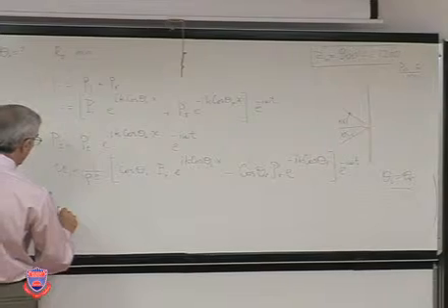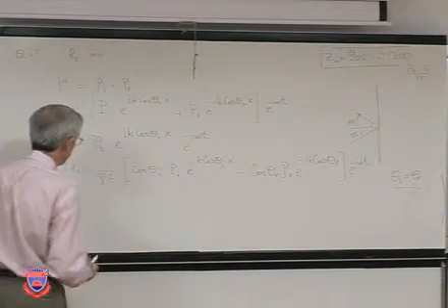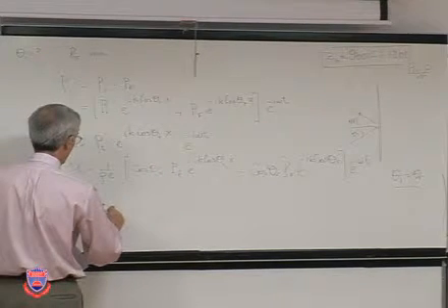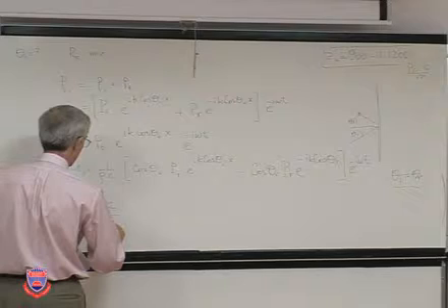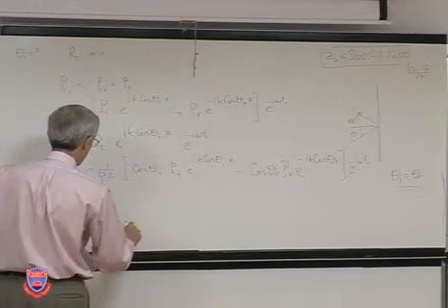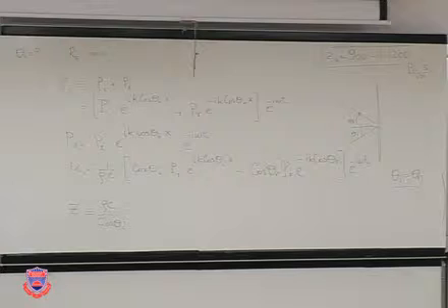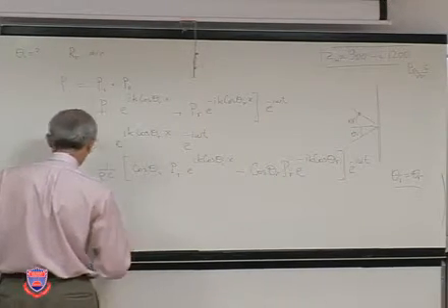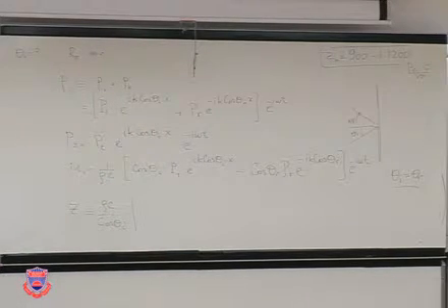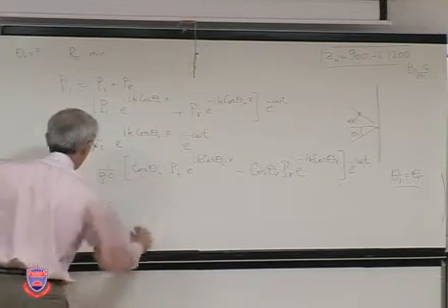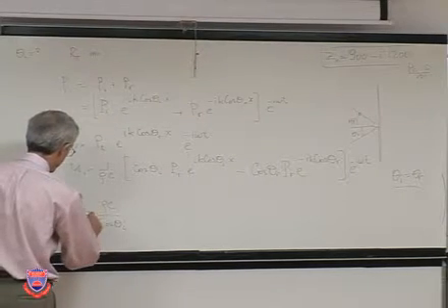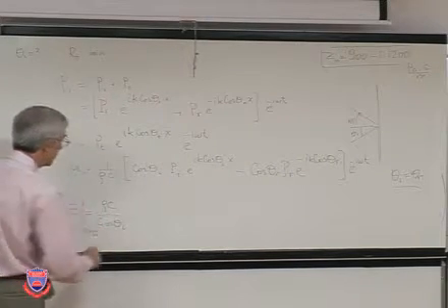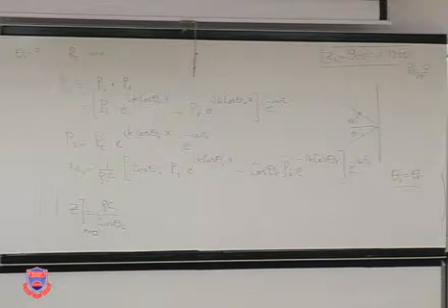What I want to do now is write the impedance. Impedance expression for impedance expression at x equals 0. Okay, is that okay?